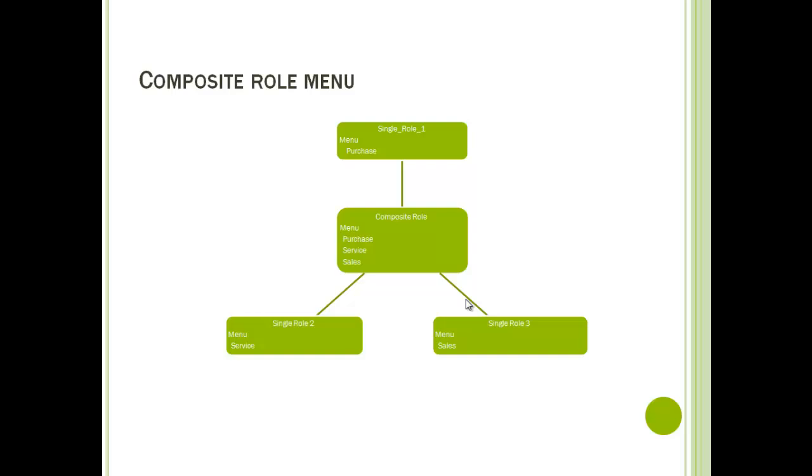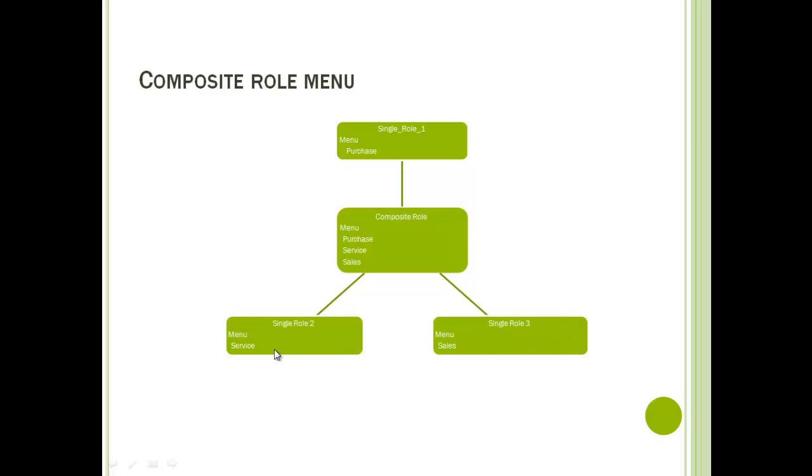Next, let's look into the role menu, the composite role menu. We know how the single role menu is created. When you assign the single role to a user, what is defined in the single role will be available for the user when they log in. So what happens in the composite role?